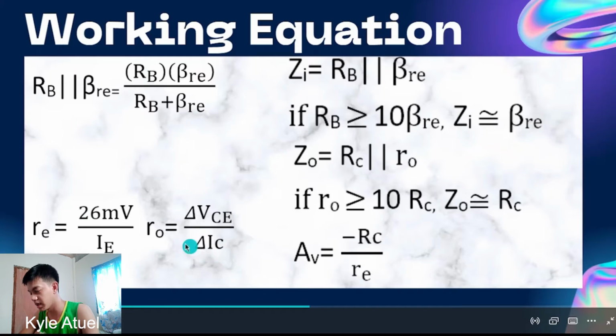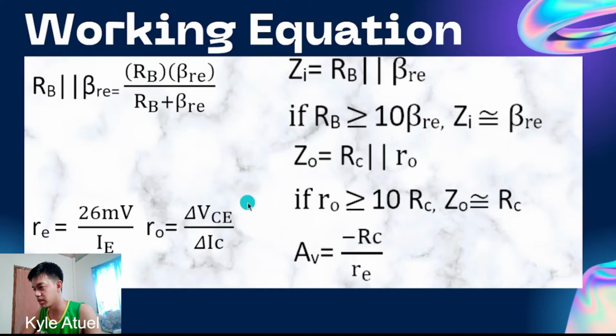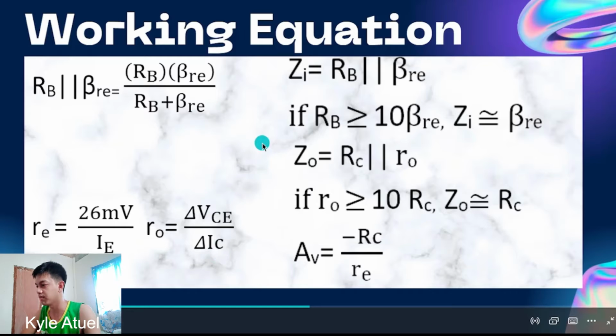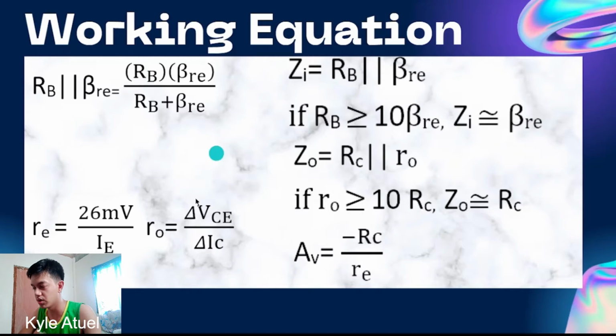And next is RO, which is just the change of VCE over the change of IC. By the way, RO is always given in the problem, so when you solve it, it is already given.